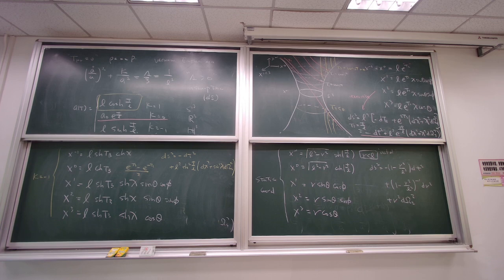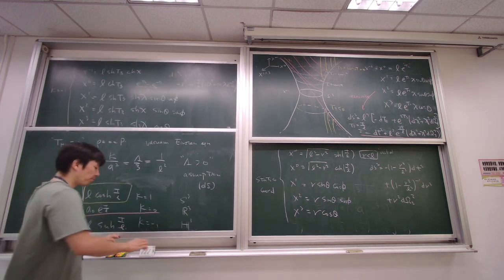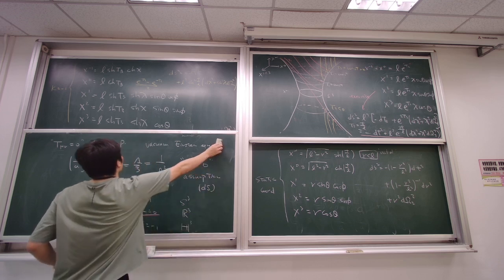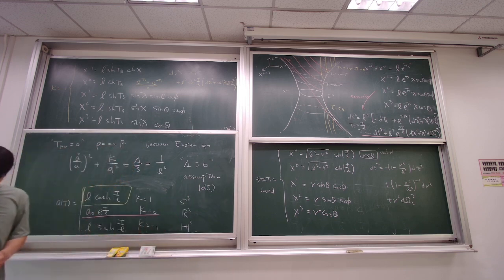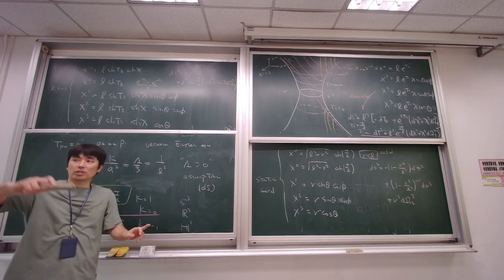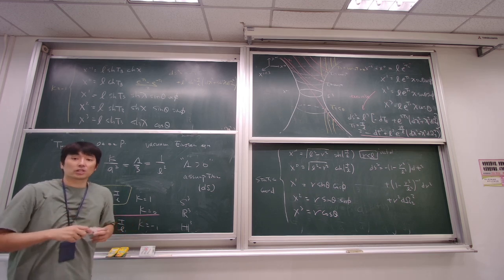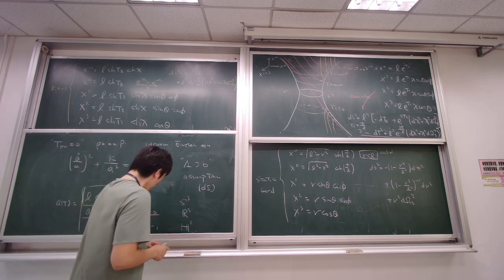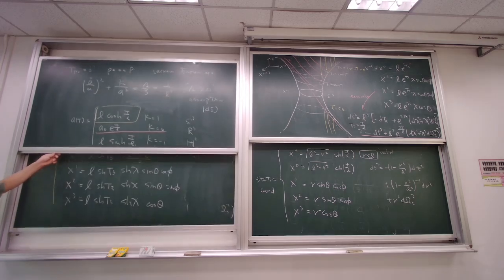That's what we have encountered. So in our universe, we already know lambda is positive, and our universe is accelerating, which means that we move on to this de Sitter regime. That's the case in our universe.